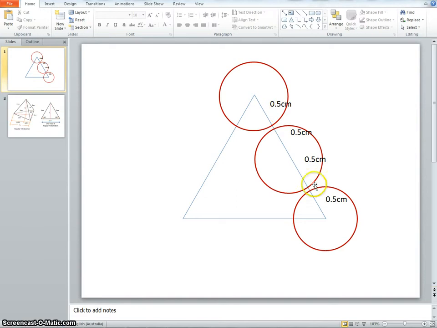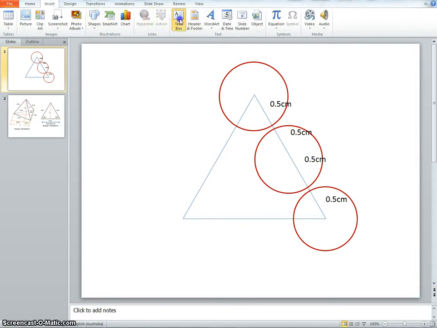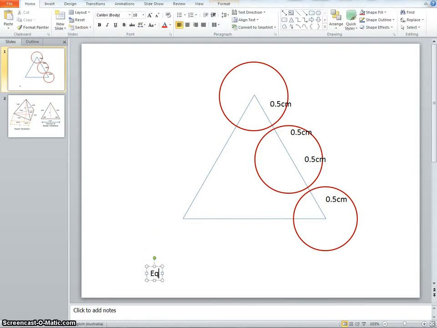You told me this afternoon that the total of each side is going to be 2 centimeters when you add it all up, and that's correct. So each side in this triangle is 2 centimeters. If all the sides are equal in a triangle, we know that the triangle is an equilateral triangle.